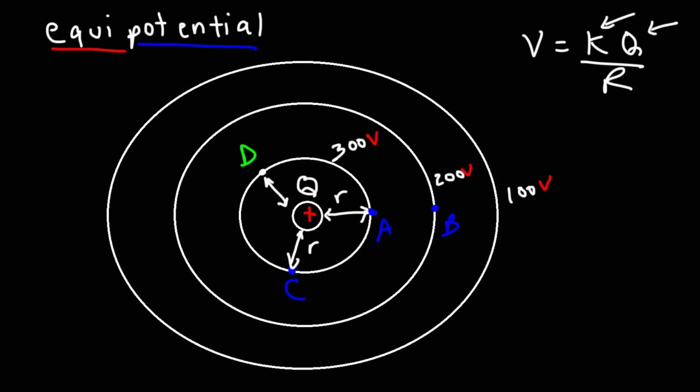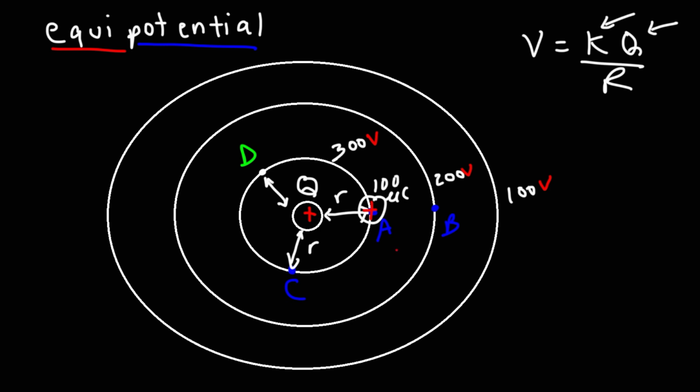Now, here's a question for you. Let's say we were to place a positive charge at point A. Let's say that charge has a magnitude of 100 microcoulombs. What is the work that's required to move this charge from point A to point C?